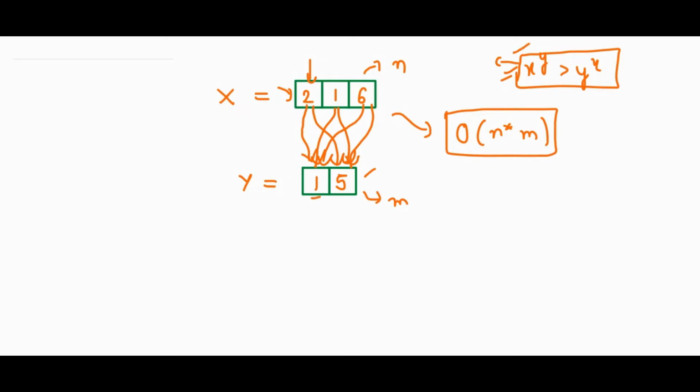That's why we have to traverse y again and again. How many number of times? N number of times, because there are n x values. So this will take big O of n into m time, and this is not a good time complexity. We will see now a better approach to solve this question.